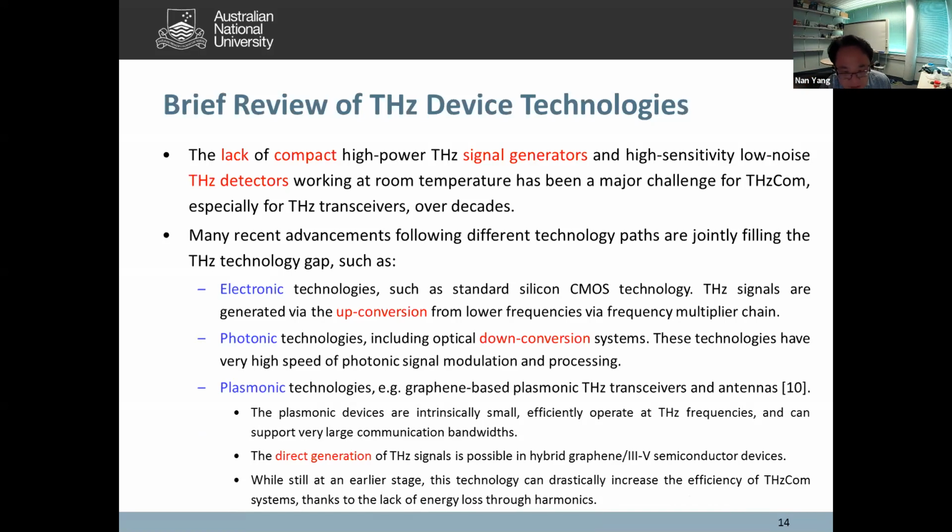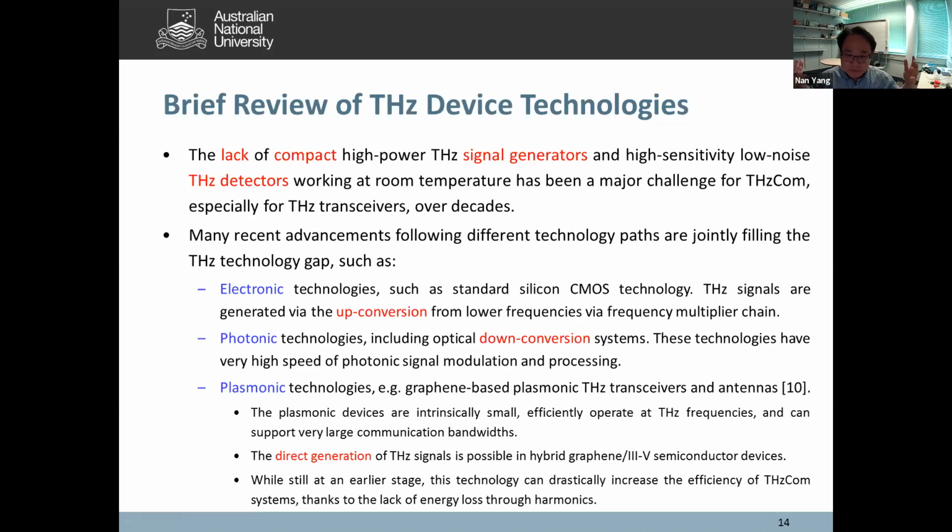For example, some people have investigated the use of graphene to produce terahertz transceivers and antennas. These devices are intrinsically small, and they can effectively operate at terahertz frequencies. And by using the hybrid graphene and semiconductor device, we can directly generate the terahertz signals, which is good.